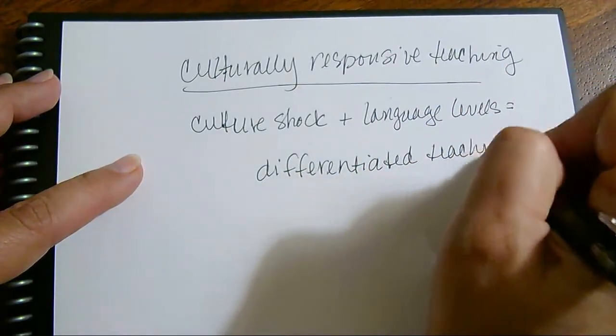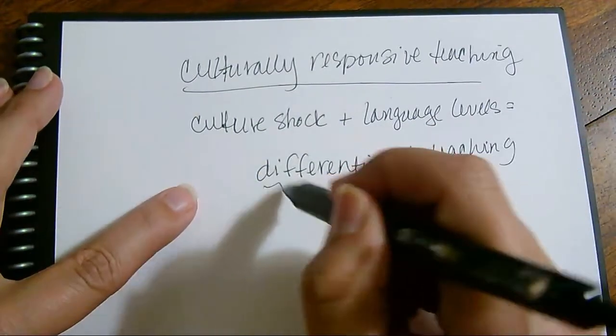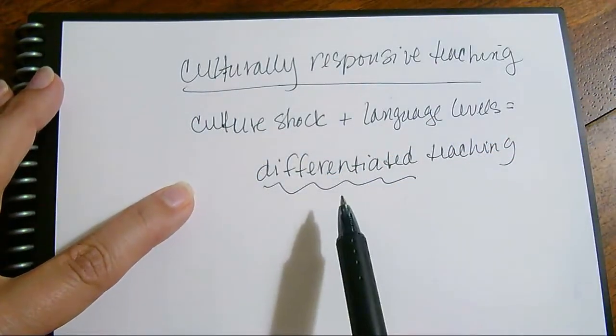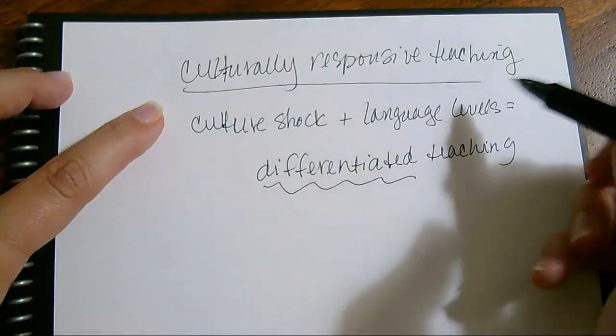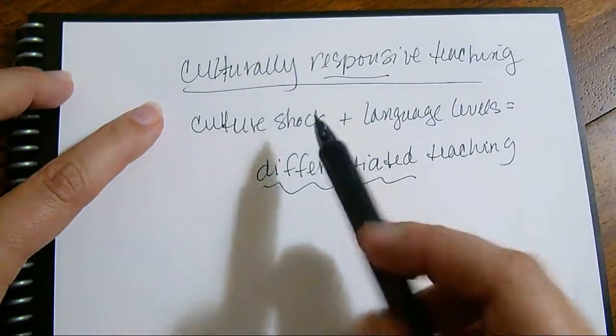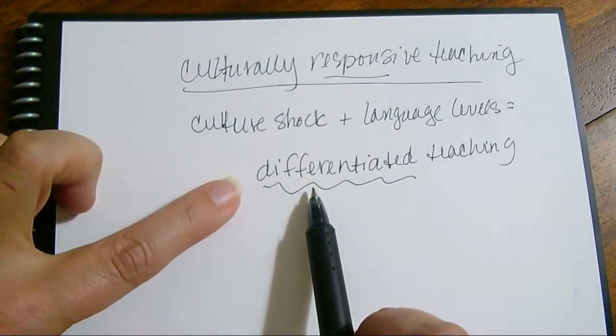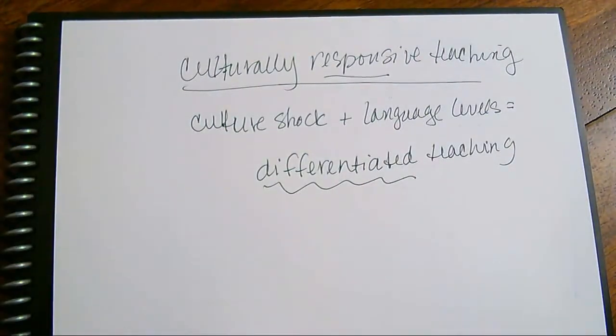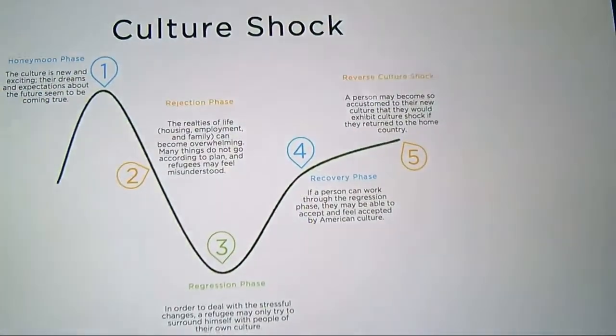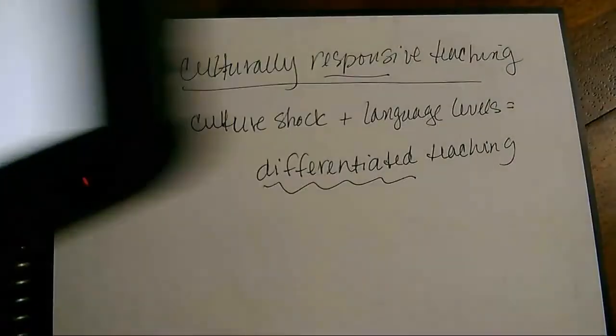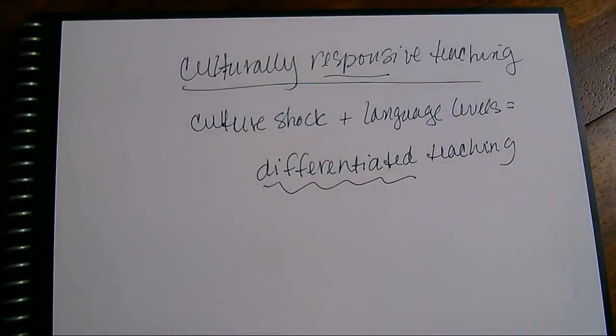And we are differentiating our teaching, or modifying our teaching, in order to be responsive to where our students are. So if we have a student who is in that level 3 phase here, this regression phase, and we ask them to do some sort of a presentation in class, my guess is it's not going to happen.